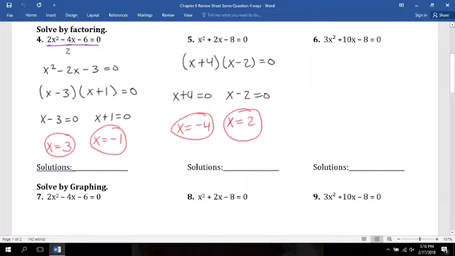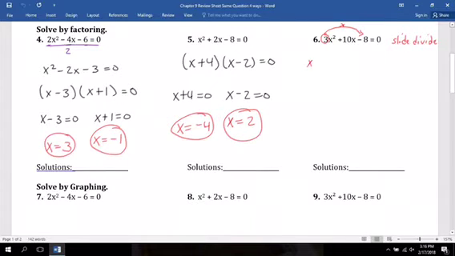Question 6 is a little different because we have a leading coefficient in this case, which is 3. So it's greater than 1, so that means we have to use slide divide factoring. So we're going to slide this back through multiplication.